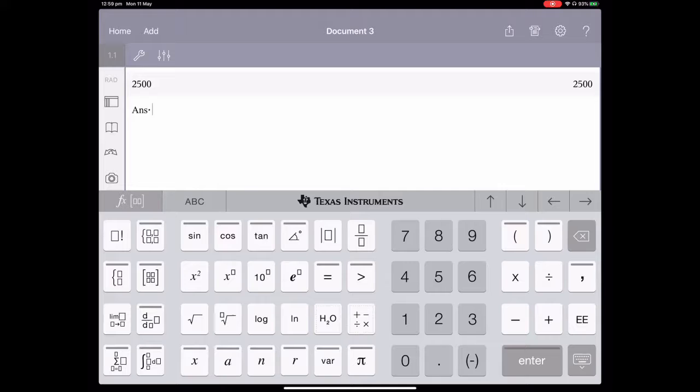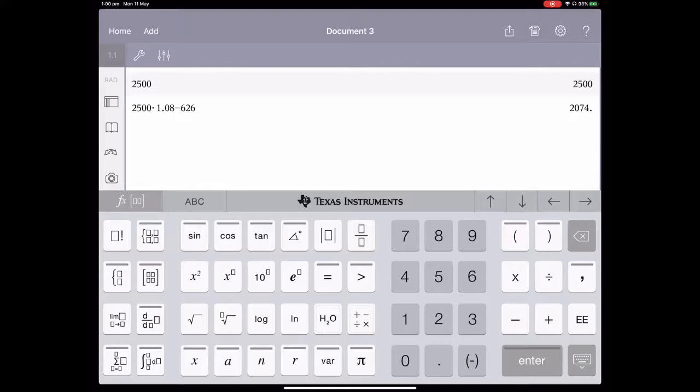The previous answer was 2,500 times 1.08. From that, we have to subtract 626. So minus 626. When I press enter, that tells me what I have at the end of the first year as a balance.